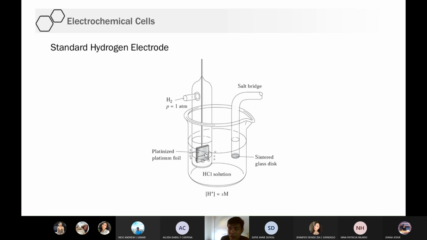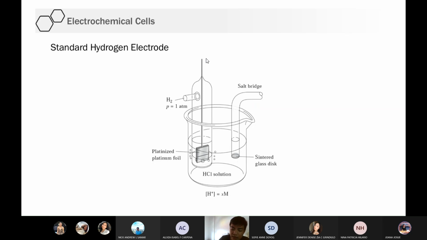Then, inside this vial, you have your platinum. So, the hydrogen gas will cling onto the platinum metal, para humalo yun sa solution. Okay? So, this is how your electrodes will look like.